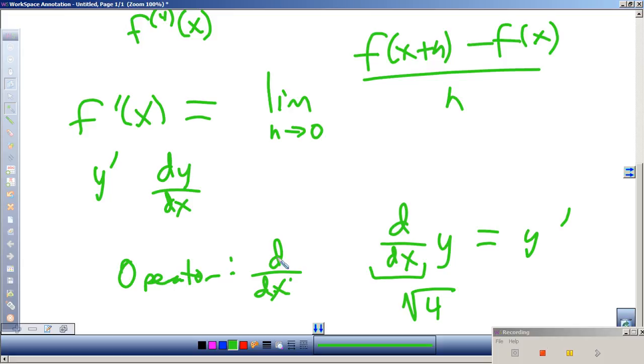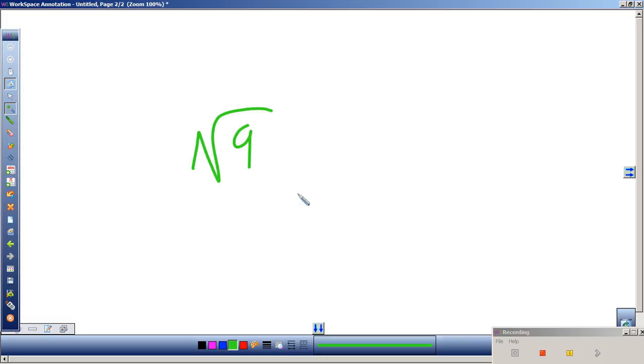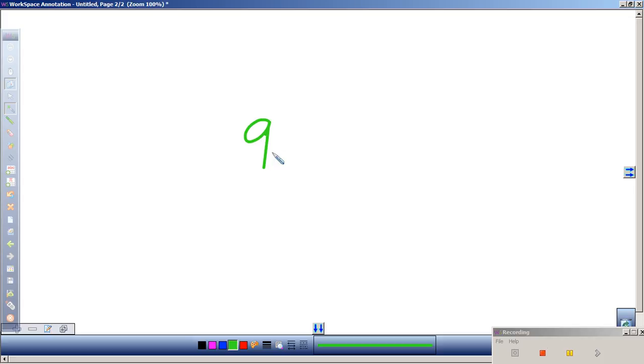Everybody follow what I mean by that? No? Okay. When you want something done, you have to tell it to do something, right? If I have the number 9 and I want to do something to it, I have to apply something to it. Otherwise, you have no idea what I'm wanting. So maybe I apply the square.